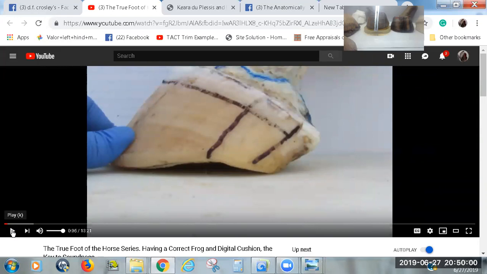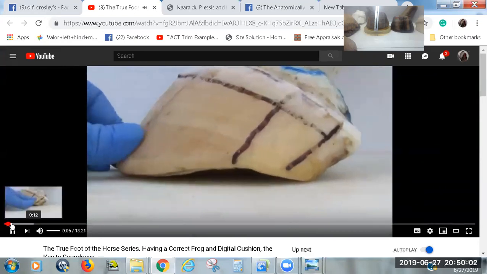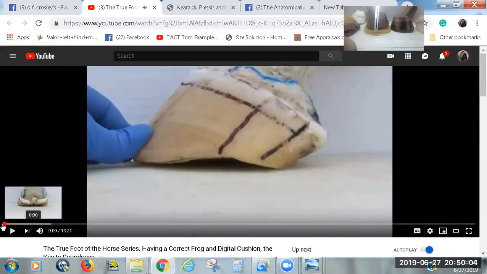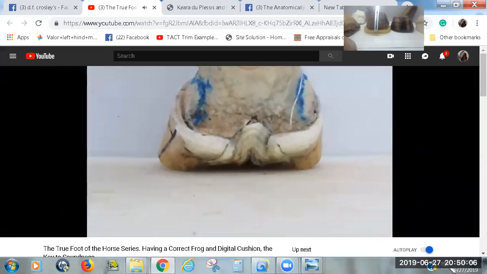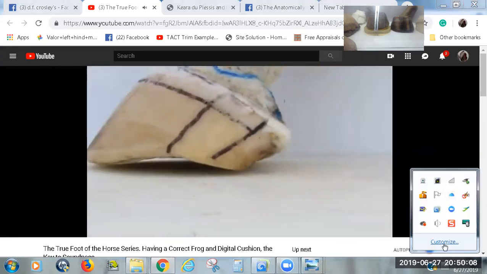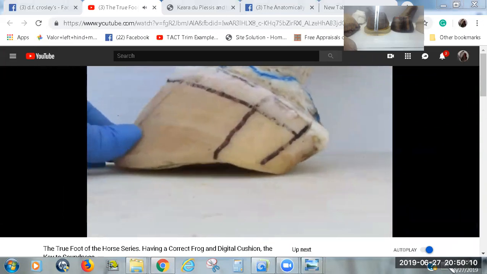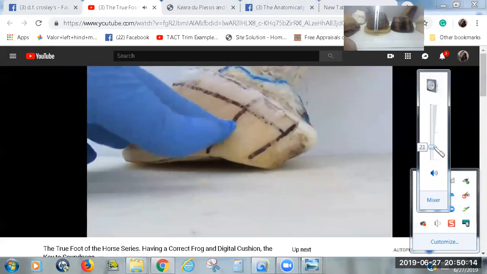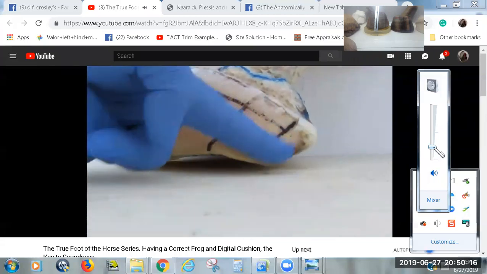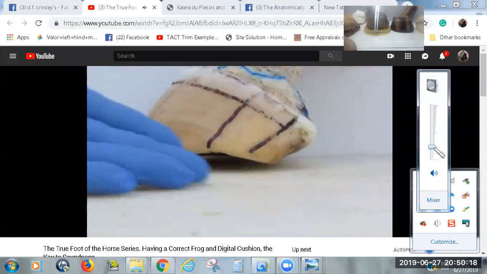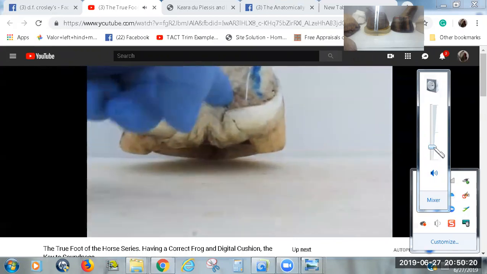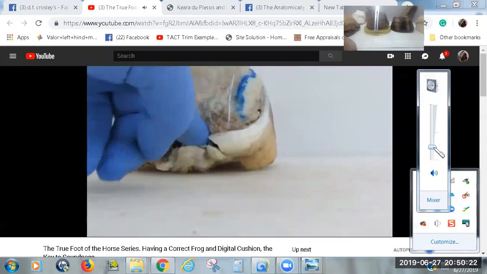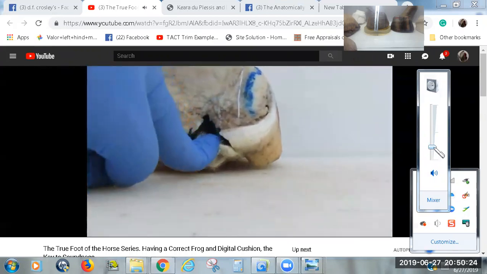Okay, I'm going to show you how the horse's suspension system works, how it has to have a frog stay. What happens is the heels get trimmed out of the foot, and it strips the frog stay out of the foot. This is the frog stay right here, what's between there.